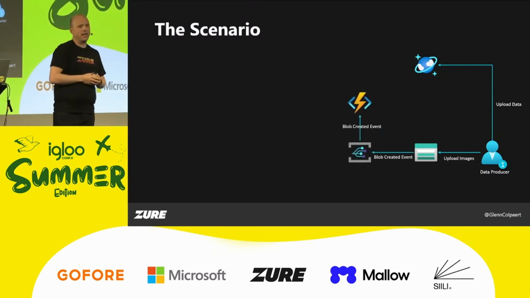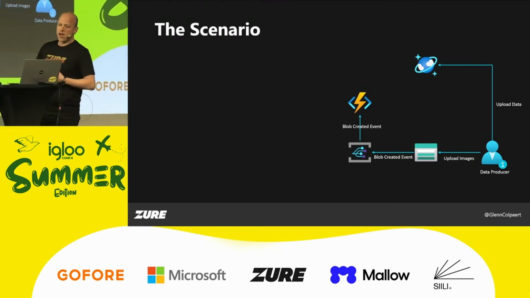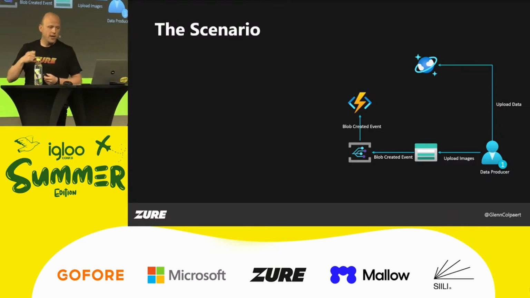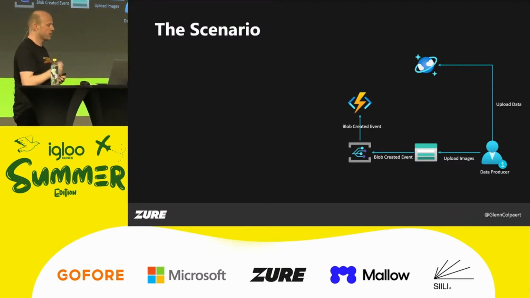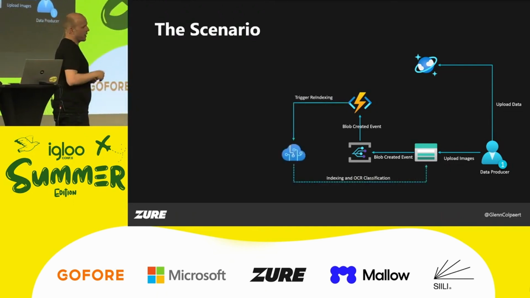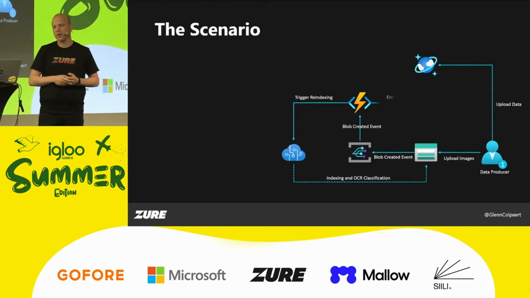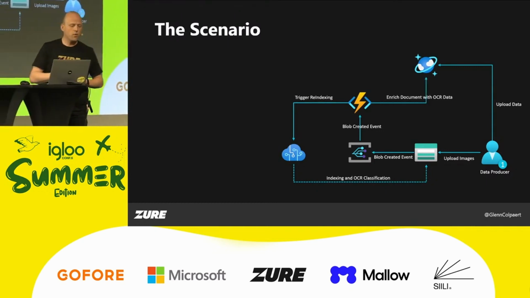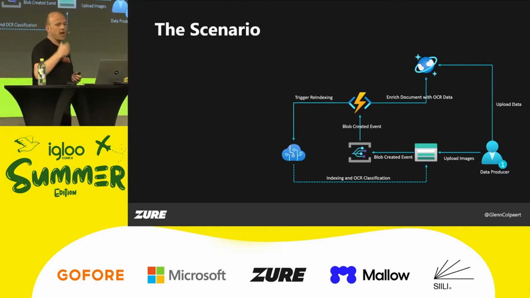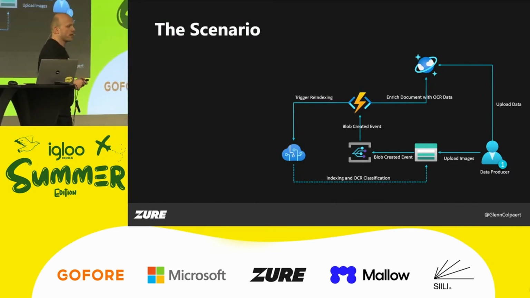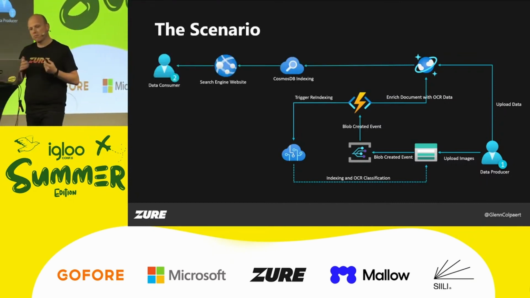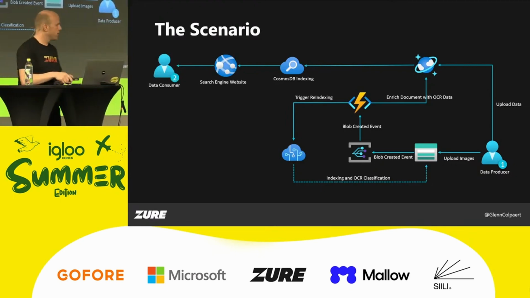Then we will trigger Event Grid and use the blob created event, and that event will be used to tell Cognitive Services, hey, trigger your reindexing and do OCR classification of the images that are in blob storage. Once we have extracted that data, we will enrich our CosmosDB document with it, in order to have one big document with all the necessary information. And then we will present that on the website.